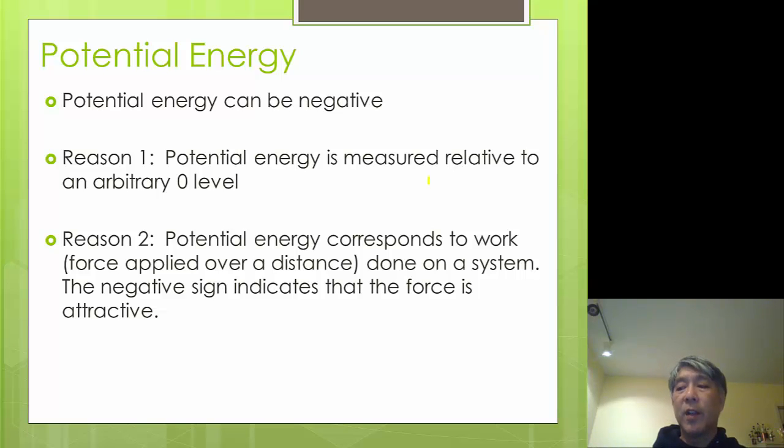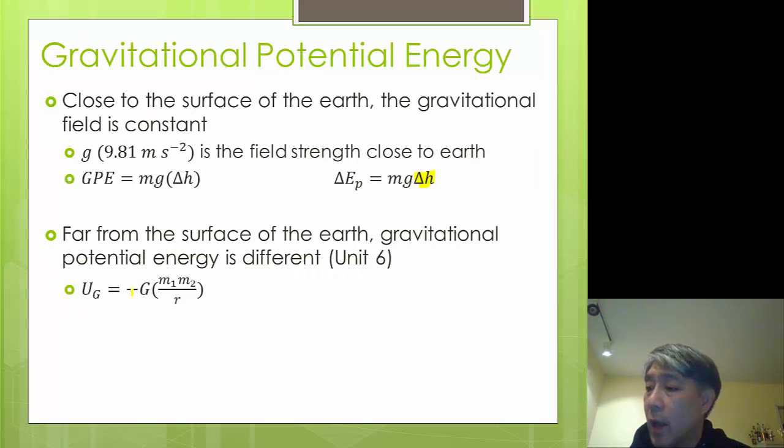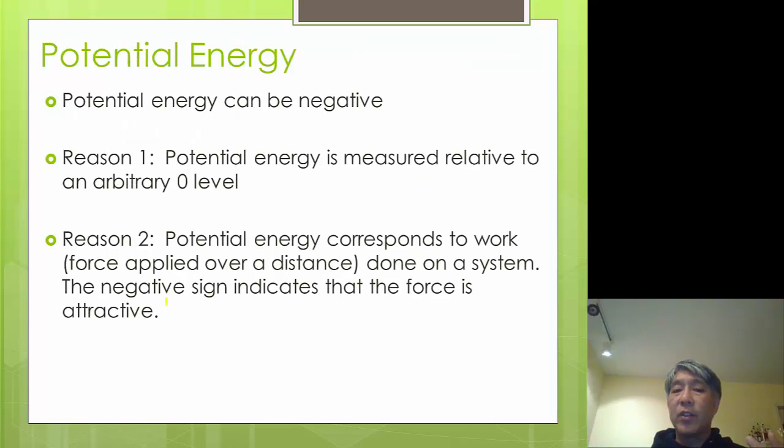The second reason: if I look at the second formula here, this is a negative formula. All of the variables there are going to be positive values, so my gravitational potential energy is always going to be negative. But in this case, all the negative sign indicates is that the force that's creating that potential energy happens to be attractive. Okay, that's all the negative sign indicates.